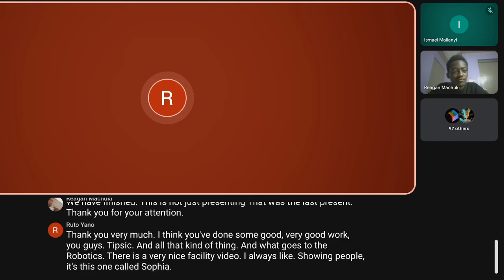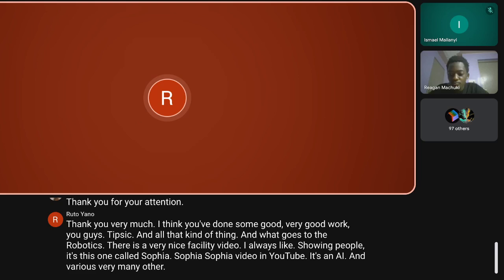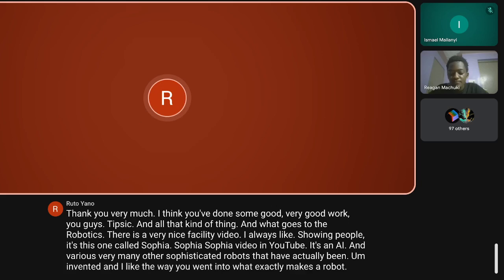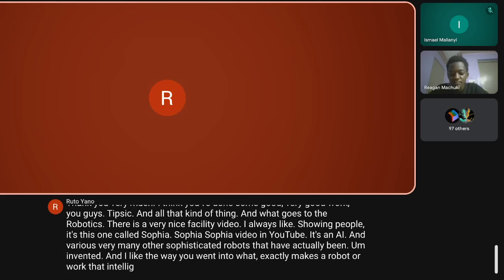It's an AI and very many other sophisticated robots that have actually been invented. And I like the way you went into what exactly makes a robot work that intelligent. So good work, guys, Regan and the group.